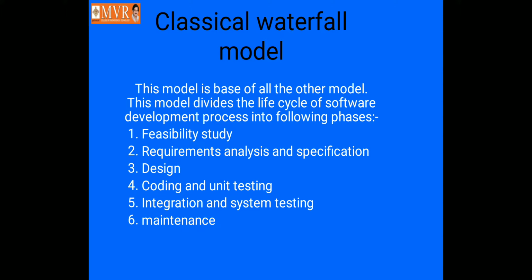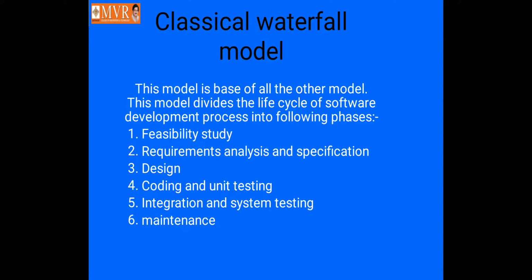So we go for a brief explanation of the classical waterfall model. Yesterday also we discussed the classical waterfall model. This model is the basis of all other models. It divides the life cycle of the software development process into the following phases. One is feasibility study. Second is requirements analysis and specification.